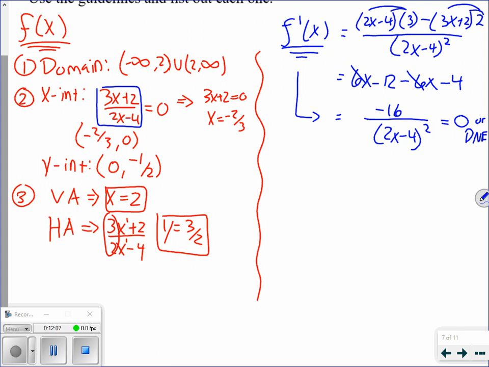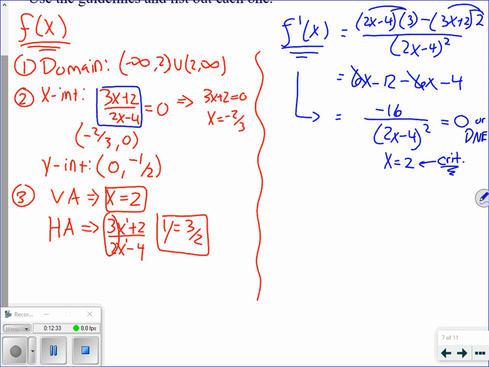There's nothing I can plug in on top that makes it 0, but there is something on bottom that I can plug in that makes it undefined. And that would be x equals 2. So x equals 2 is a critical point. And we already know that x equals 2 is undefined in the original problem, so it's not necessarily going to be a point, but it is going to be a vertical asymptote.